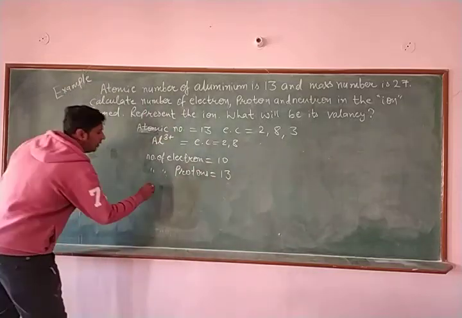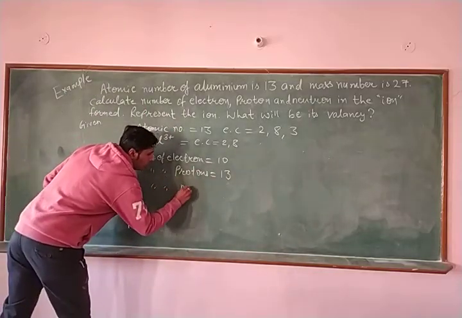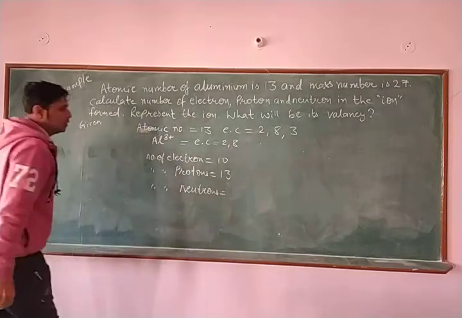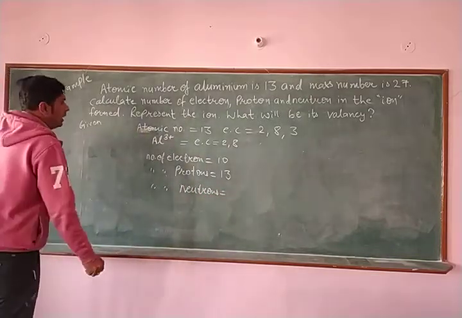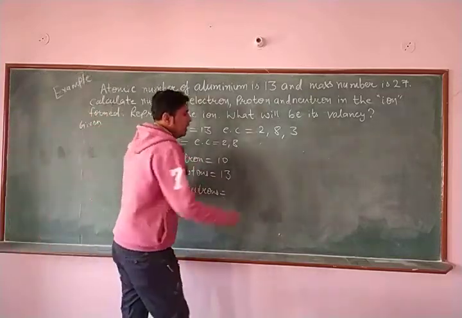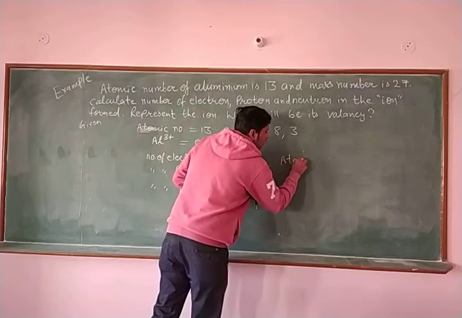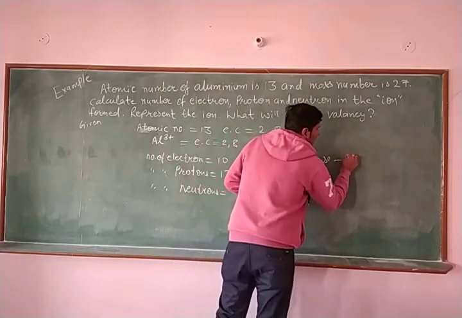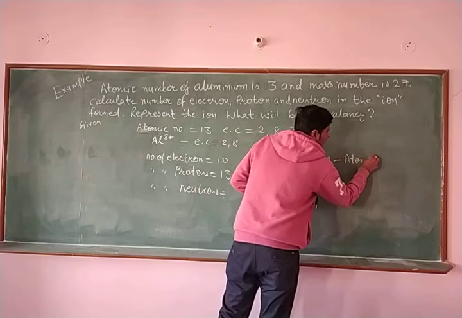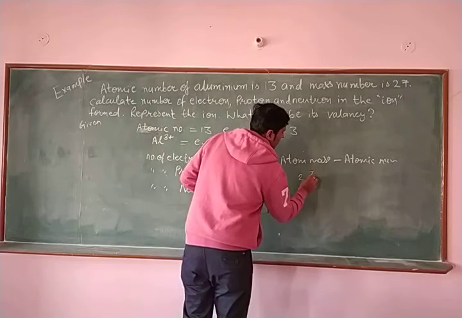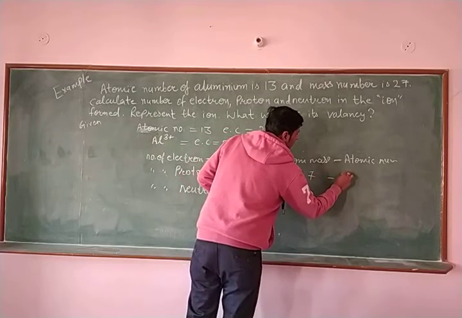What will be the number of neutrons? How many neutrons will there be? So what is the formula? The formula is atomic mass minus the atomic number. So atomic mass is 27 minus atomic number 13.